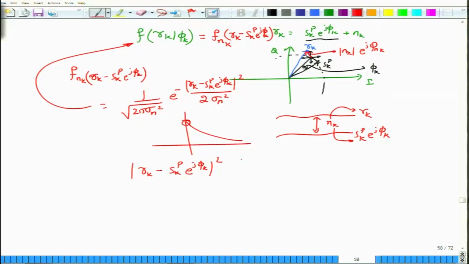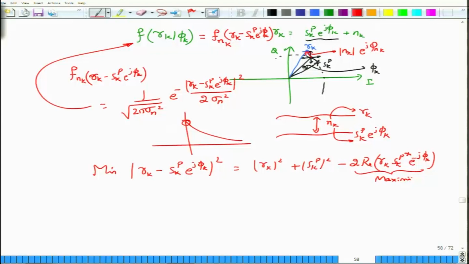Alternatively, you could expand this out and get |r_k|² plus |s_k^p|², because clearly |e^{jφ_k}| is 1, minus 2 times the real part of r_k s_k^p conjugate e^{−jφ_k}, and then you want to minimize this. Minimizing this means you want to maximize this quantity, right.